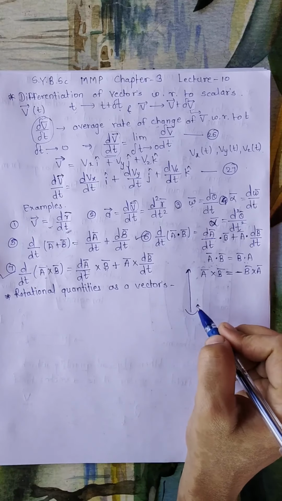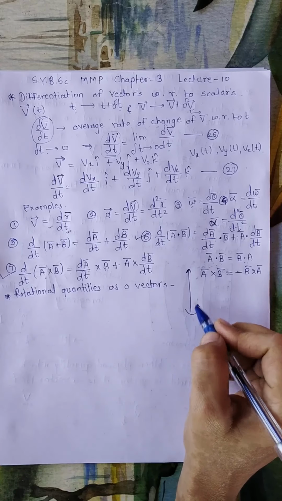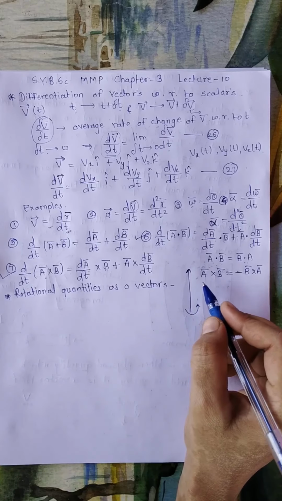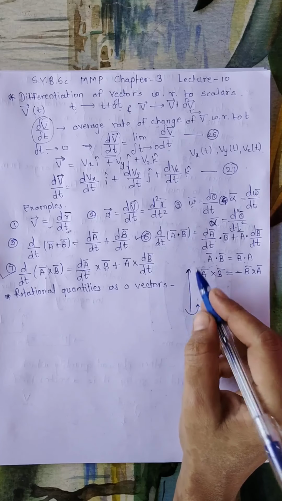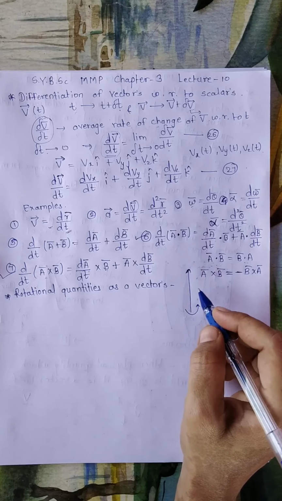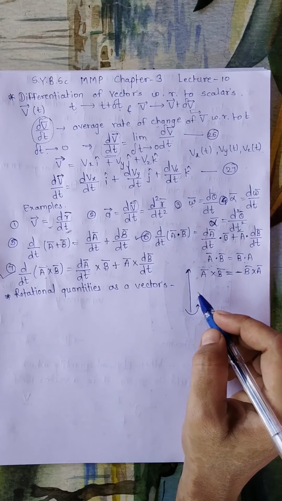This is the vectorial representation for a finite rotation of vector.